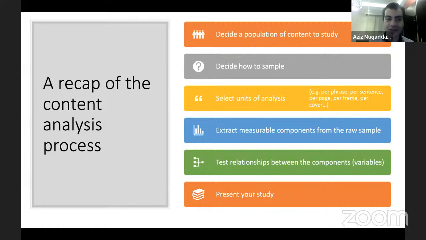And we said preferably it's random if you want to do sampling. The units of analysis could vary greatly, from as small as one word or one symbol, to as large as a full video, a picture, a full paragraph, or a movie. The units of analysis are the things that you are going to look at, and each one represents one case.